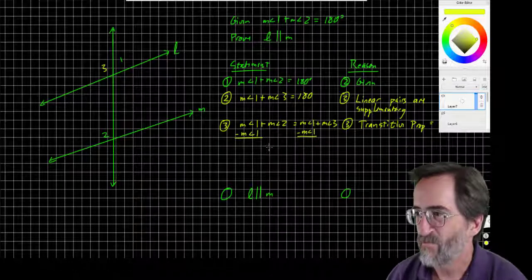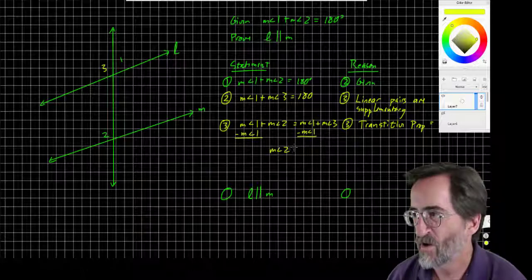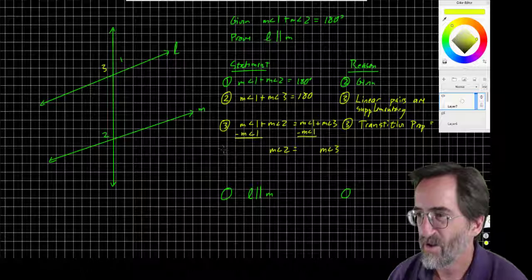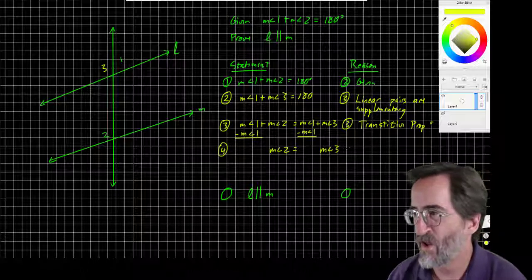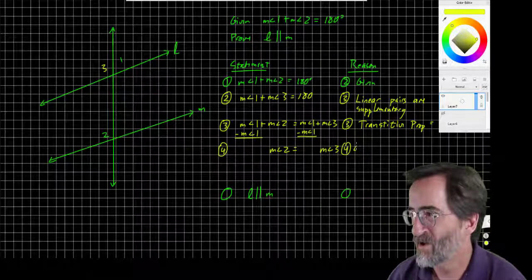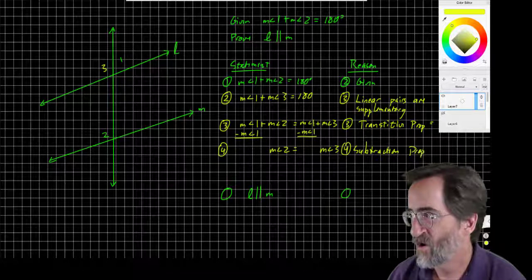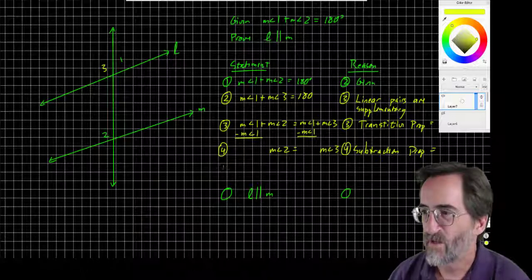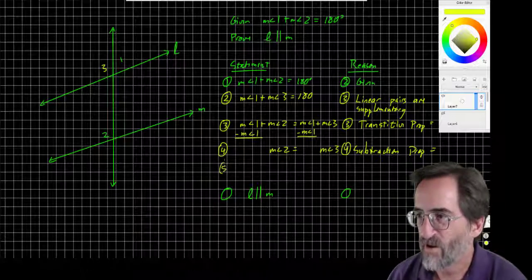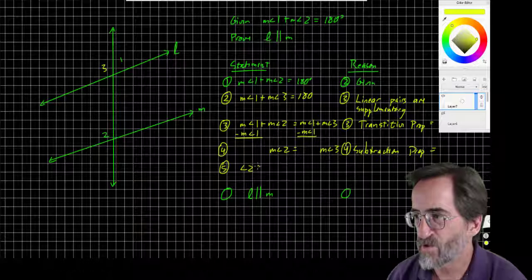Okay, measure angle 2 equals measure angle 3. There we go. And that's step 4, and that's the subtraction property of equality. And therefore, 5, angle 2 is congruent to angle 3.